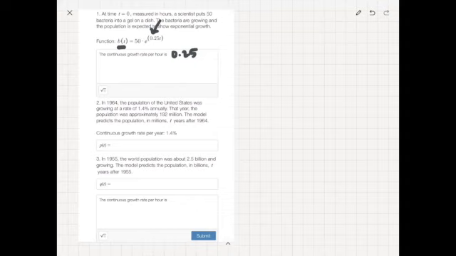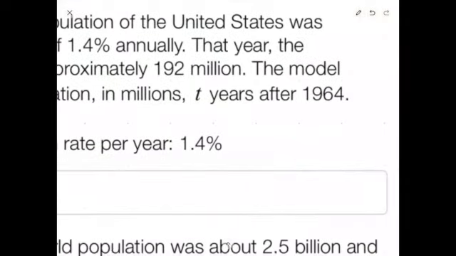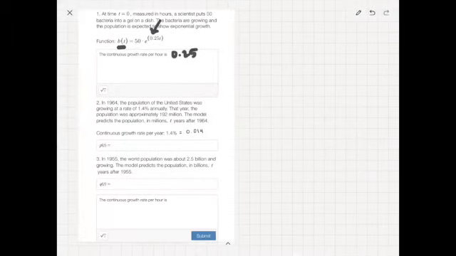Now we need to turn that into a decimal. 0.1% is going to be 0.1 like this. And so 1.4% is 0.014. Okay, so that is our continuous growth rate.